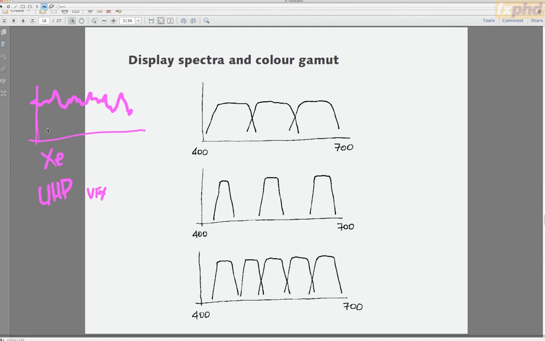They've got a rather uniform distribution of energy all the way from 400 to 700. So you might think, well, the way we use that energy is separate it into shortwave, long wave, and medium wave, and use that. But the thing is, if you do separation like that, you get primaries which are not really very saturated.